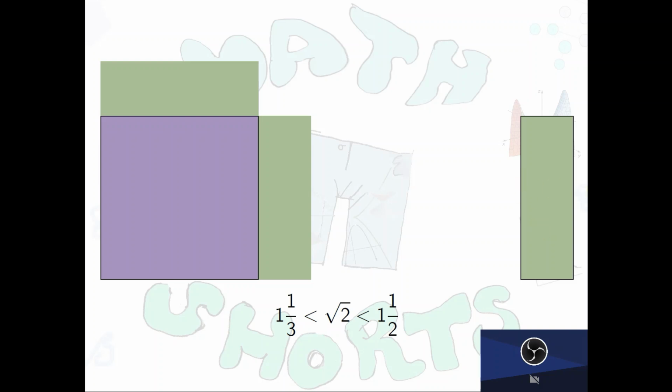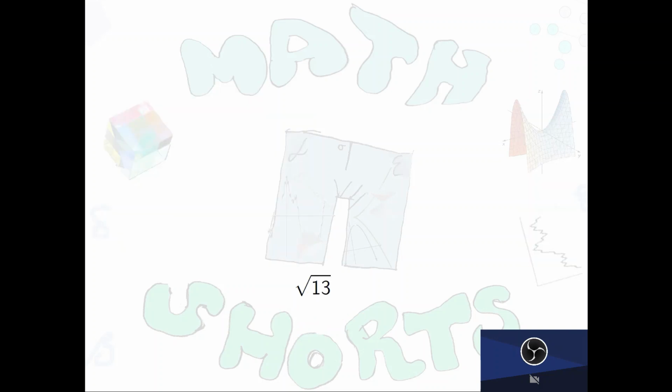Well, let's look at this method with something other than the square root of 2. So let's look at square root of 13. So if we go through those square numbers that we had at the beginning, we know that 3 times 3 is 9, which is less than 13. 4 times 4 is 16, which is greater than 13.